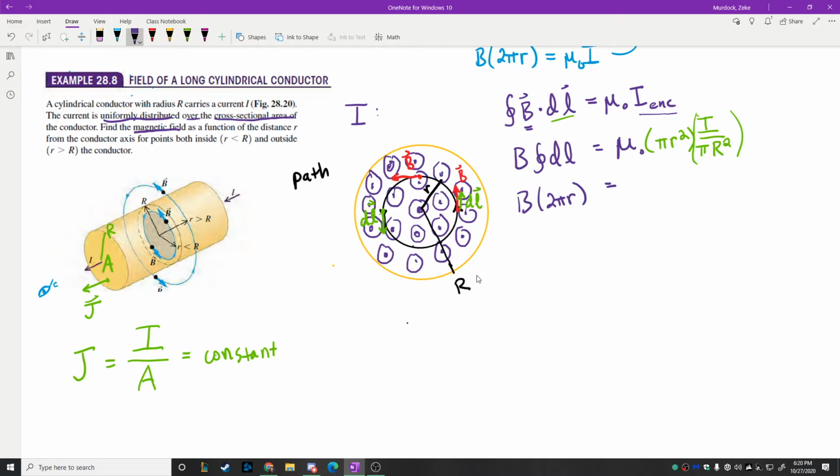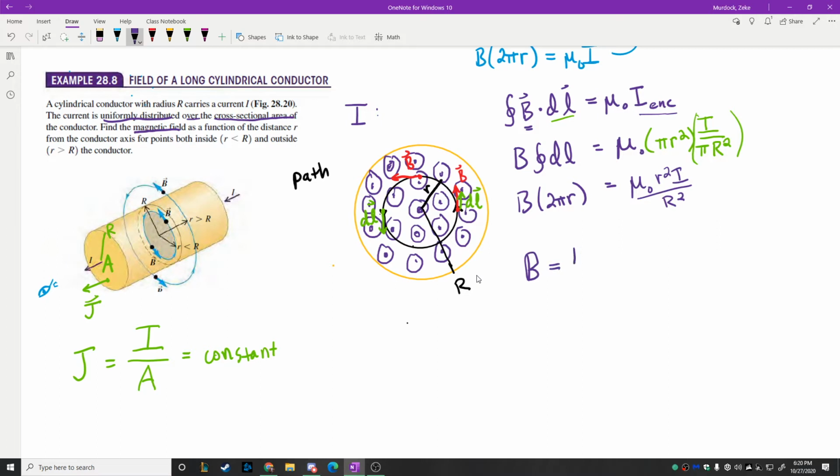Does anyone have any questions? So we get this relationship, cancel the pi's, and now we can divide the 2 pi r to the right-hand side, and I think this is what we get for our final answer.